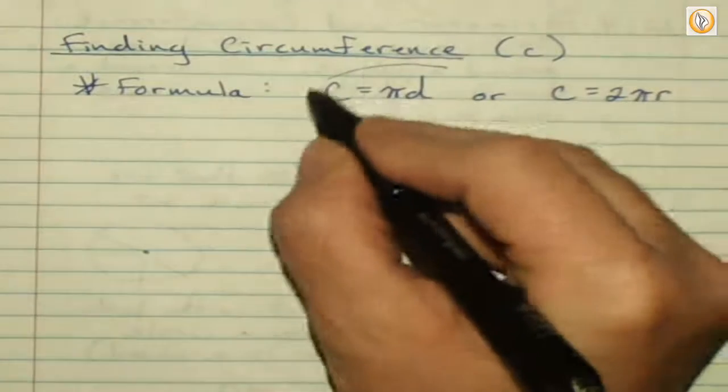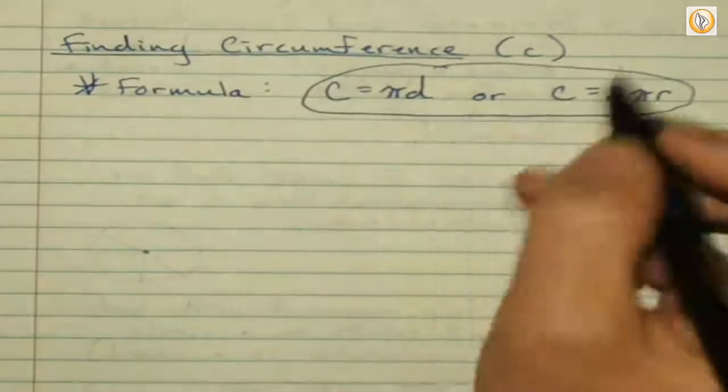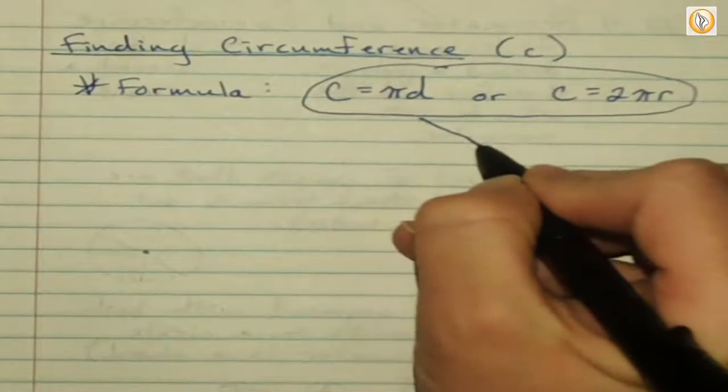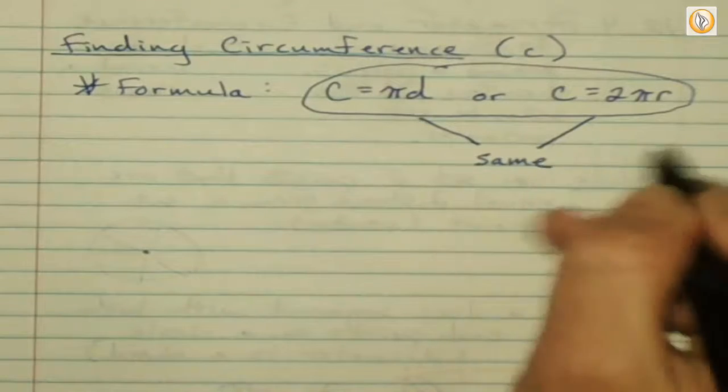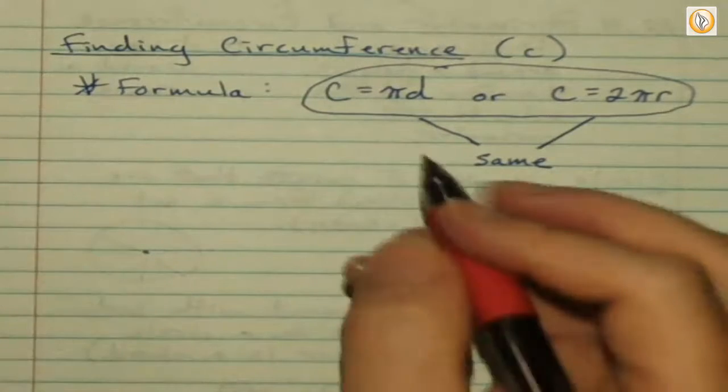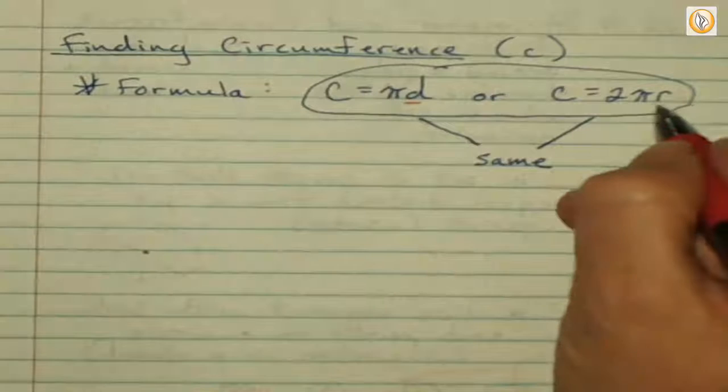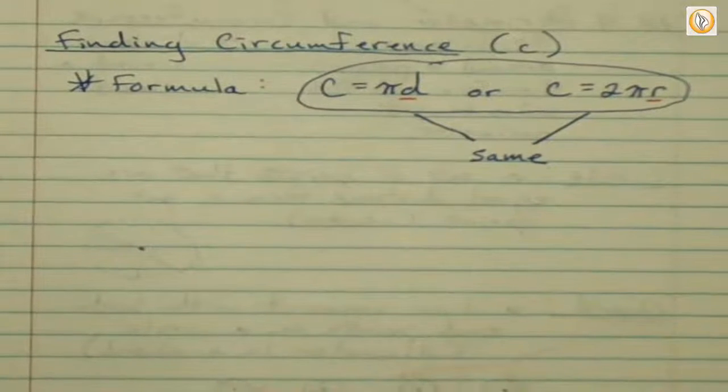Which one's easier? That doesn't matter. I'll explain. This one and this one are the same. The only difference is we have diameter and radius. Well, and of course the 2.